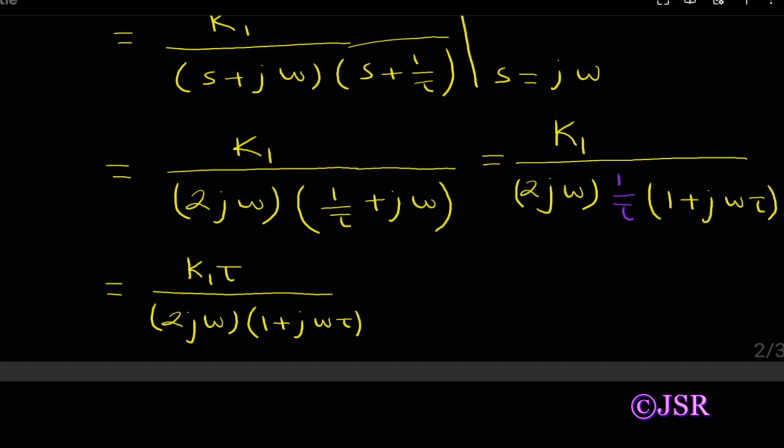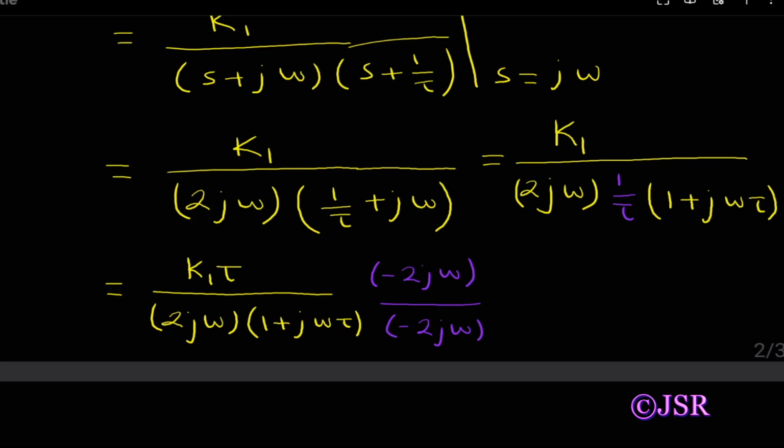The conjugate of the first term in the denominator is minus 2j omega, so we have to multiply and divide by minus 2j omega.